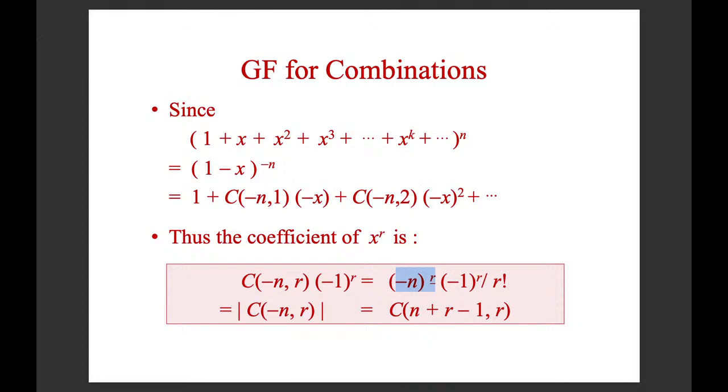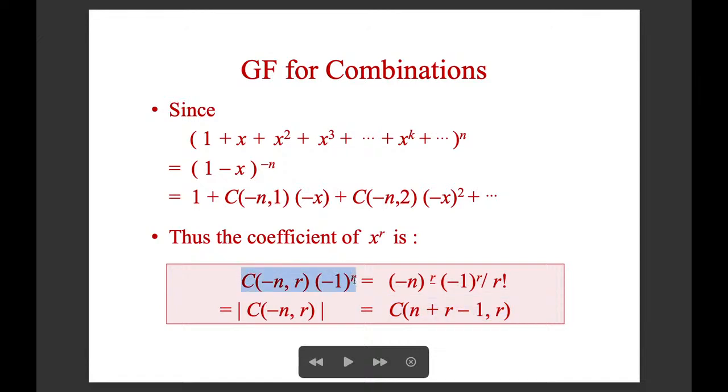You start with n and then you get r terms. Each term is 1 greater than the previous one, rising. So n to the power rising r. And in that case, n to the power r rising is the same as n plus r minus 1 to the power r falling. And then after conversion, we will see that this is exactly n plus r minus 1 choose r. Okay, so we get an equality.